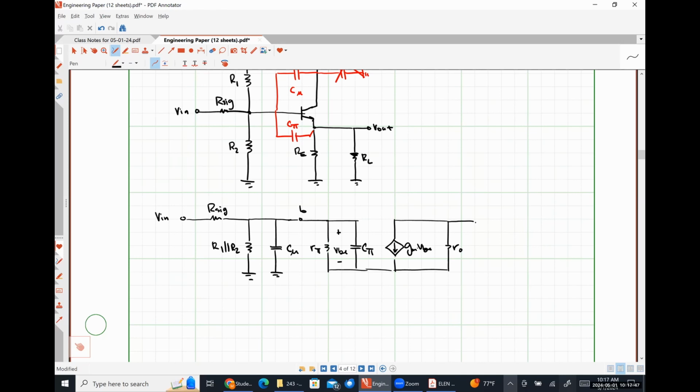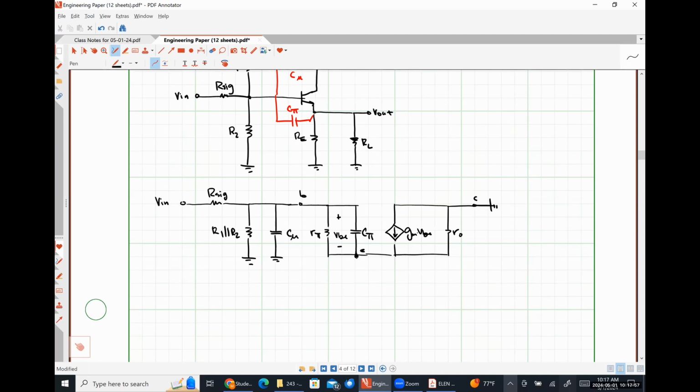My collector node is grounded. And I'm just going to use this node right here as my emitter. And so between my emitter and ground, I see RE in parallel with RL, and my output voltage is here.